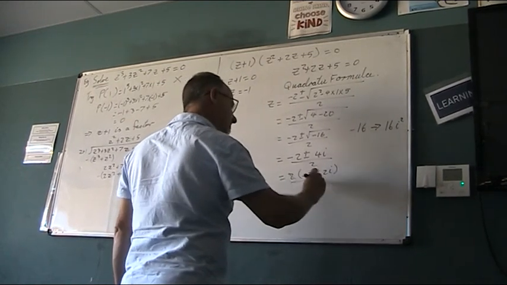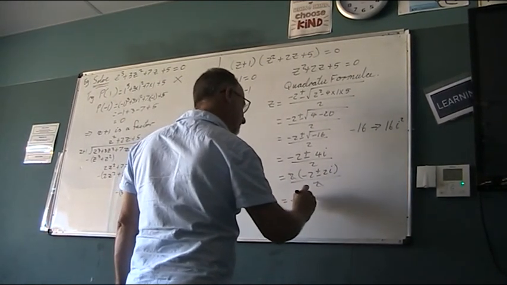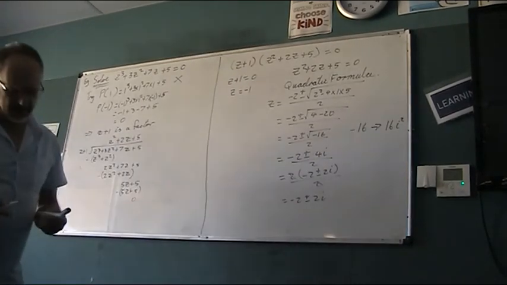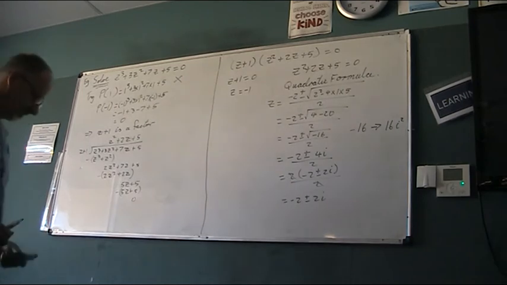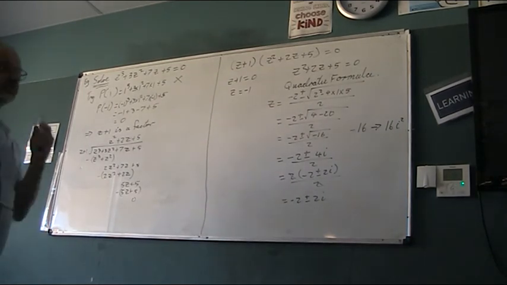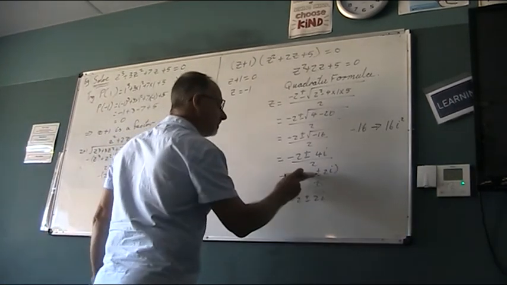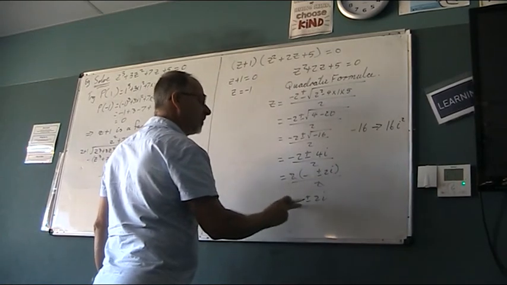Over 2, the 2's cancel. Negative 1 plus or minus 2i are the solutions. Isn't it negative 1? Yeah, I forgot to take the 2. Good point.